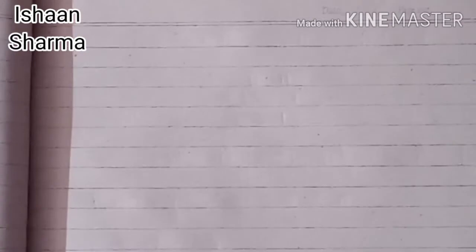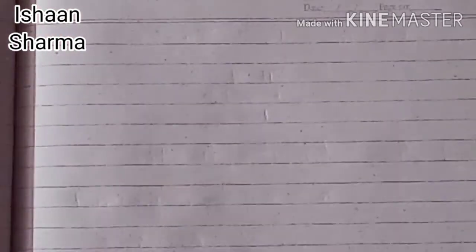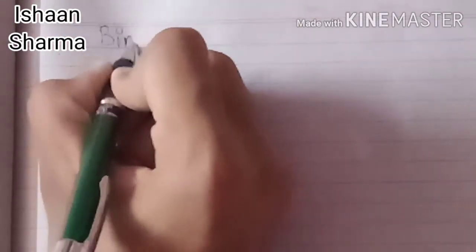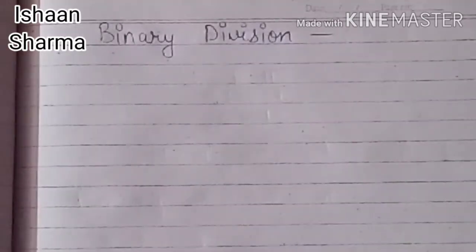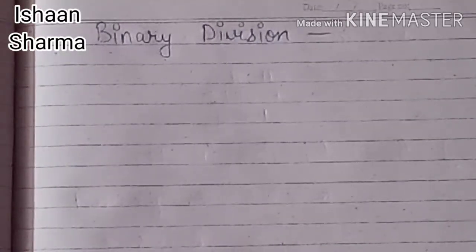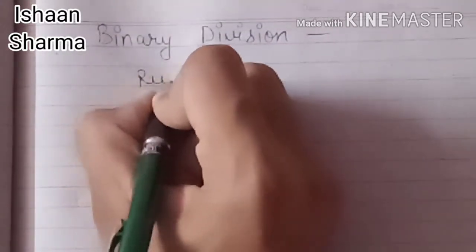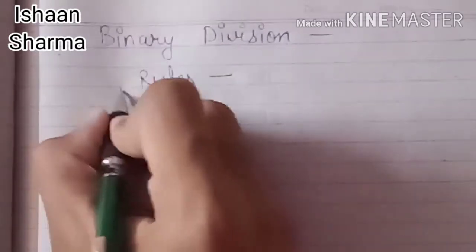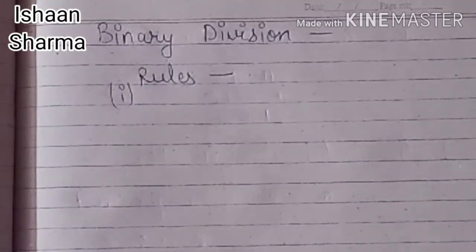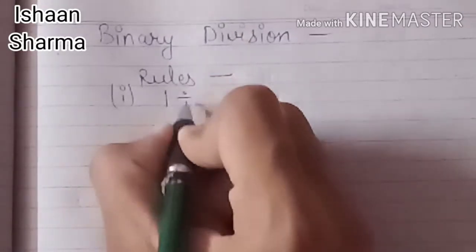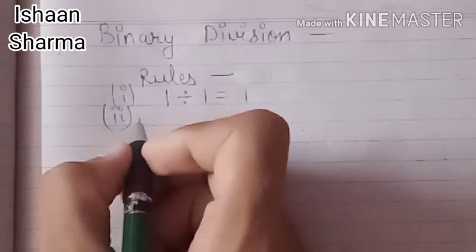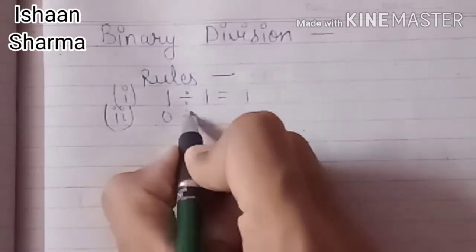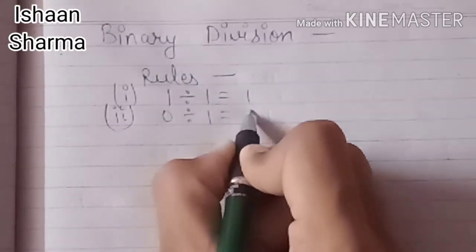Now our last topic, that is binary division. It also has four rules like the others. First, 1 divided by 1 gives us 1. 0 divided by 1 gives us 0.